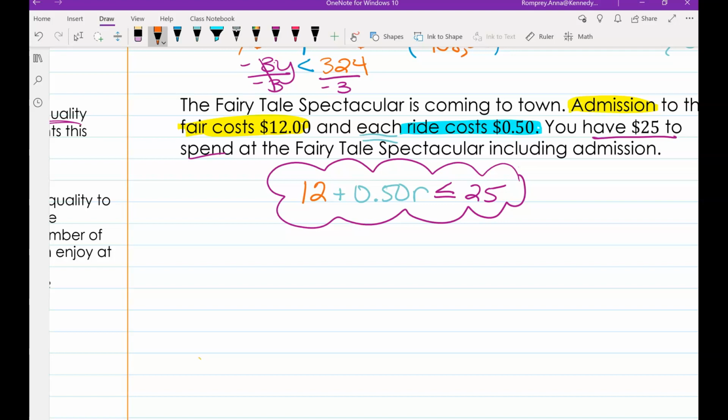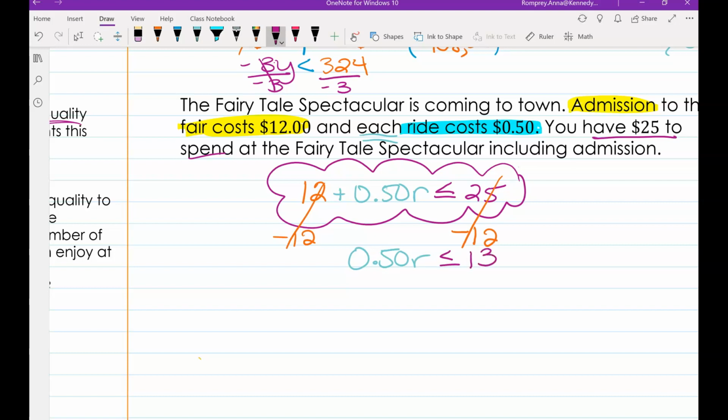How do we move positive 12? Go ahead and subtract it. So 50 cents per ride is less than or equal to 13 bucks. Is that how much we have left over?